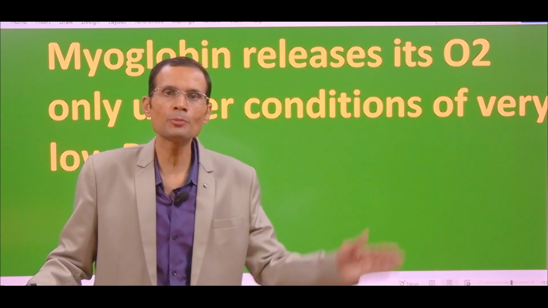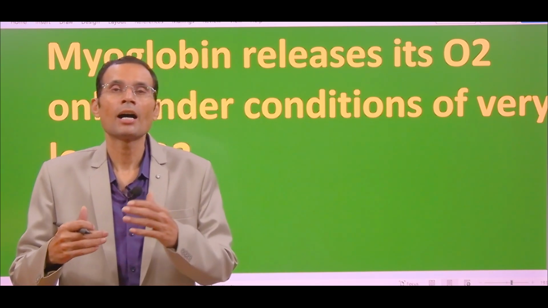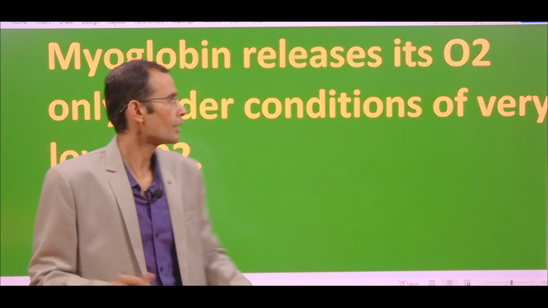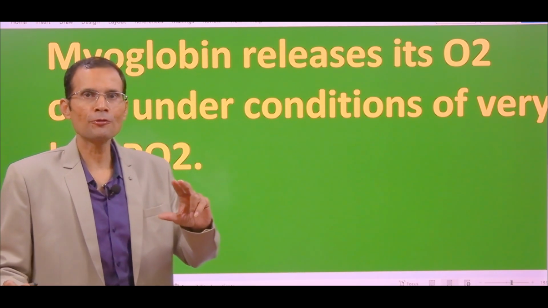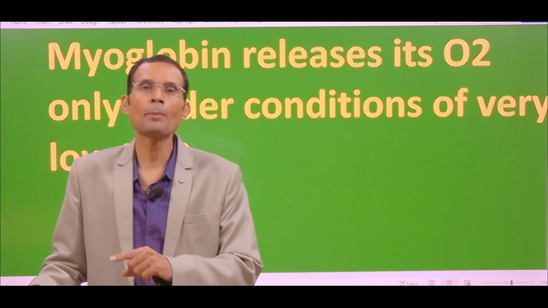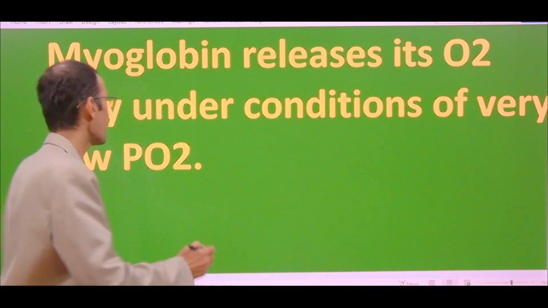The muscle has already consumed the oxygen, and oxygen is not getting supplied continuously, and therefore there is a condition of low PO2 inside the muscle cell, and that's when myoglobin can release its oxygen. That is the property of myoglobin.